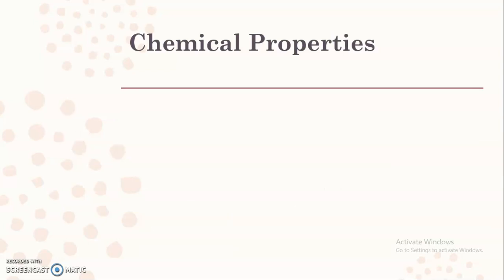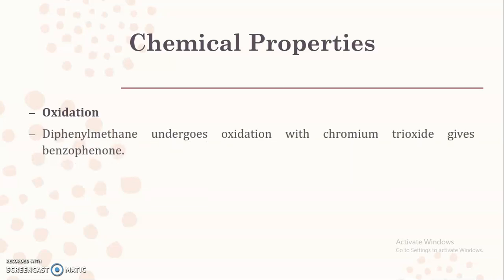Then after this, the third chemical reaction shown by diphenylmethane is oxidation. In this case, the oxidation reaction is performed by using different oxidizing agents. One of the prominently used oxidizing agents is potassium dichromate in presence of sulfuric acid.